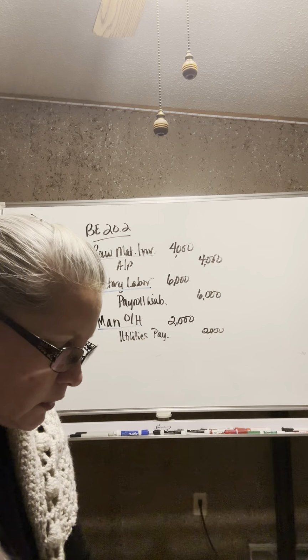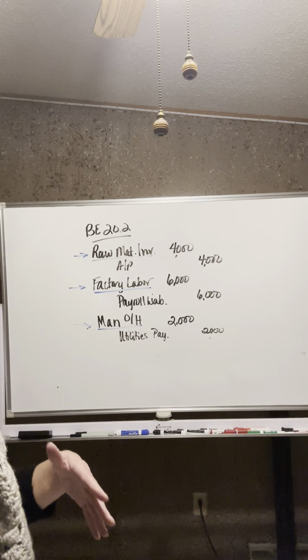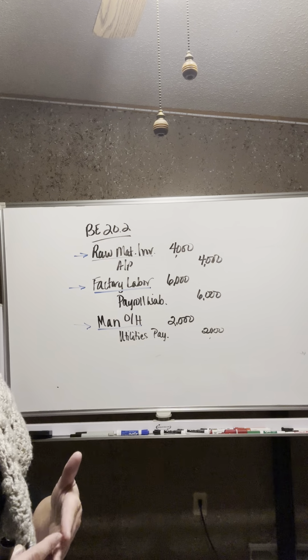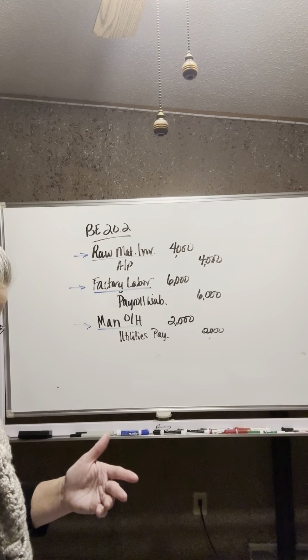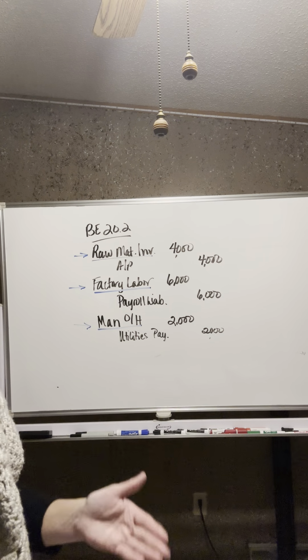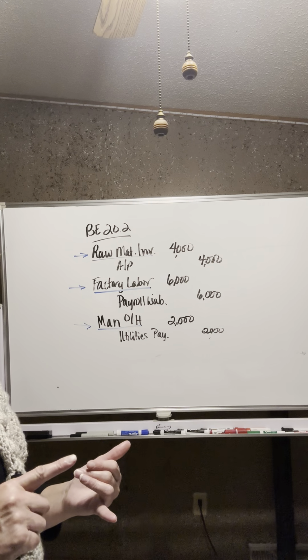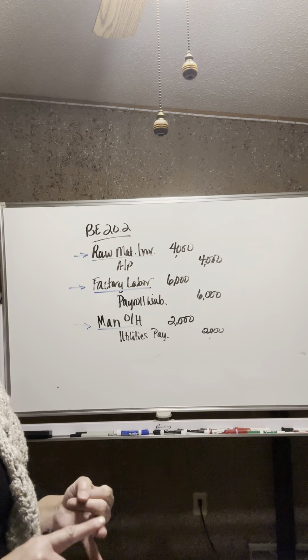Now, this can be done with different, I call them drivers, but they're different ways of measuring, I guess. It's activity based. So you can do it by direct labor dollars, direct labor costs or percentage.